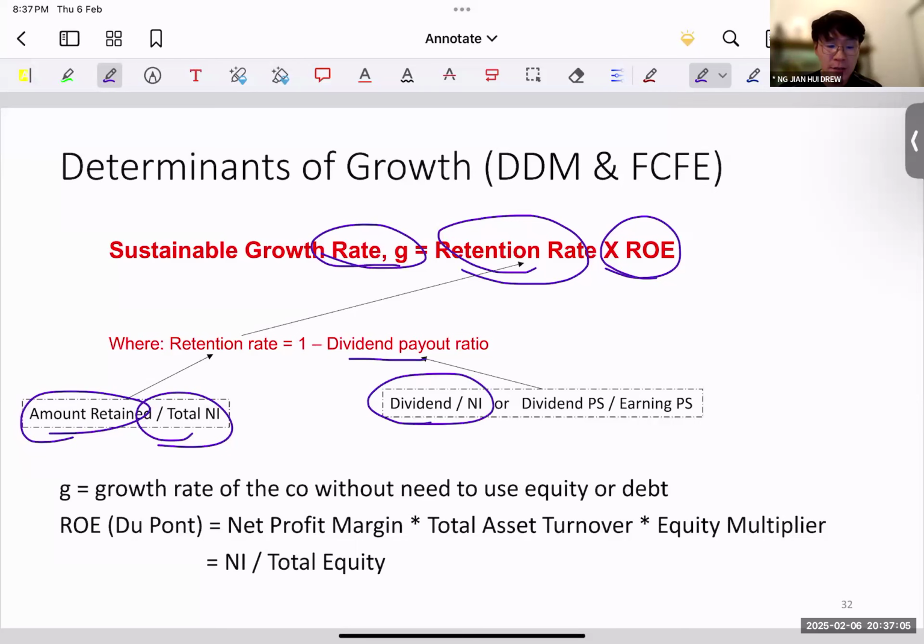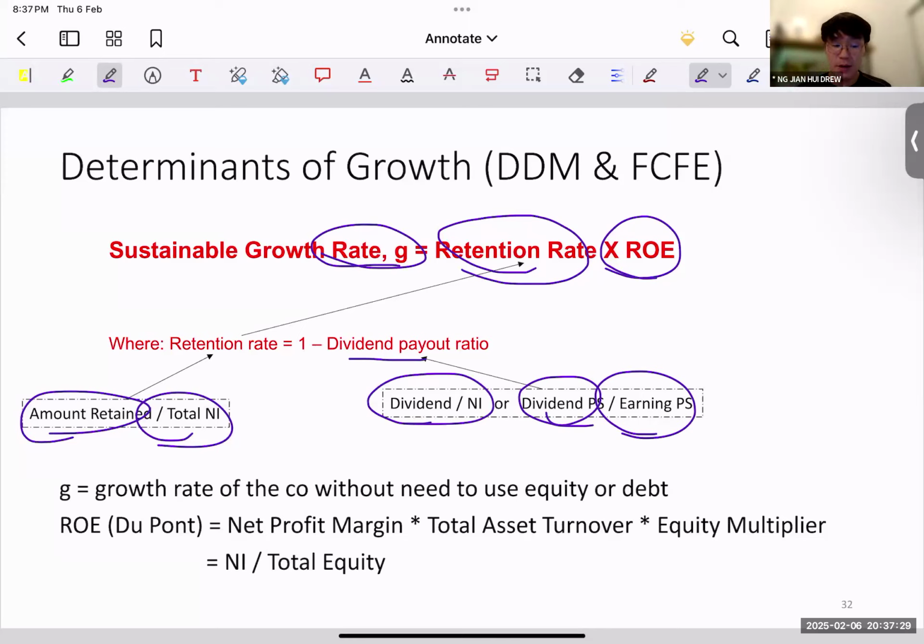So why do you have all these formulas here? Because in your class test, in case they give you the retention, the dividends amount and net income, and ask you to calculate the sustainable growth rate, you need to know how to piece them together.